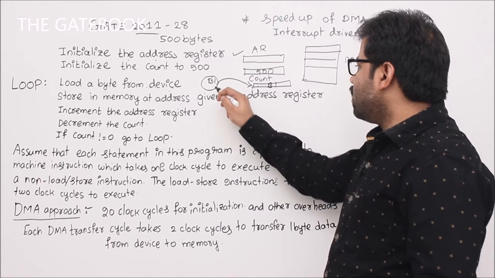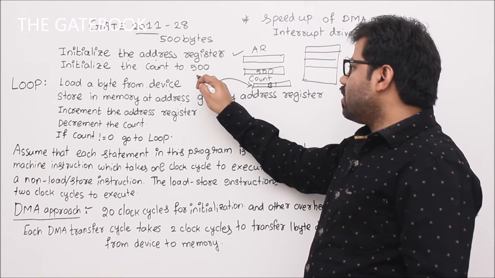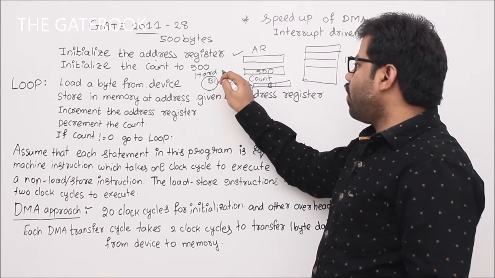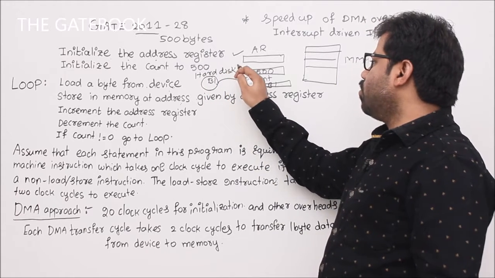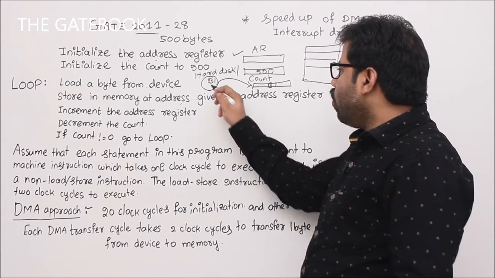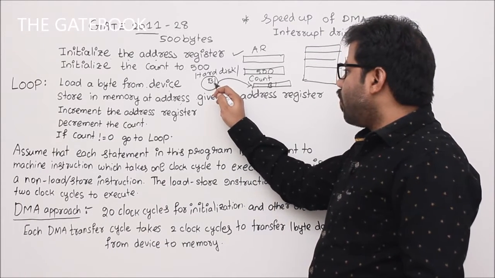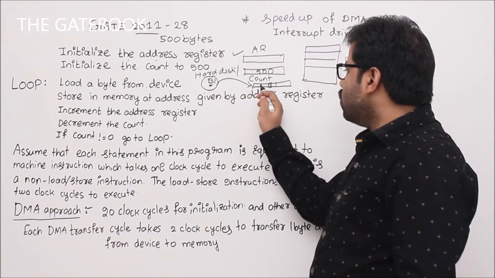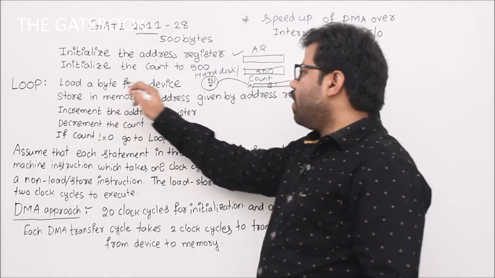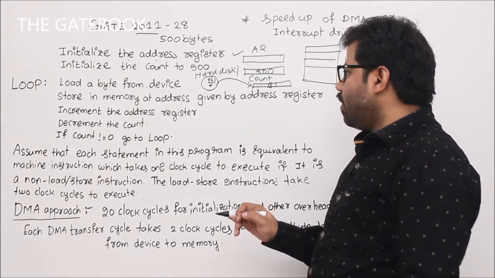We assume that this device is something like a hard disk, maybe, because we are transferring 500 bytes. Whatever. Now we will be loading that byte from this hard disk to some temporary register. So that is what load a byte from device means.